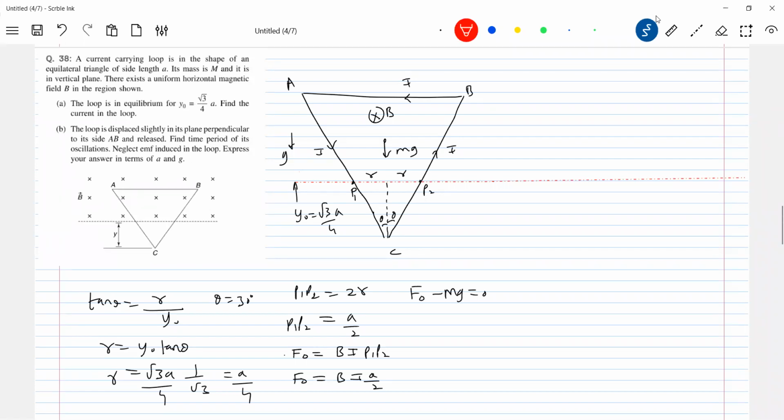So, to make you understand, I'm just showing it here. Who will balance weight? Just wait some minutes.